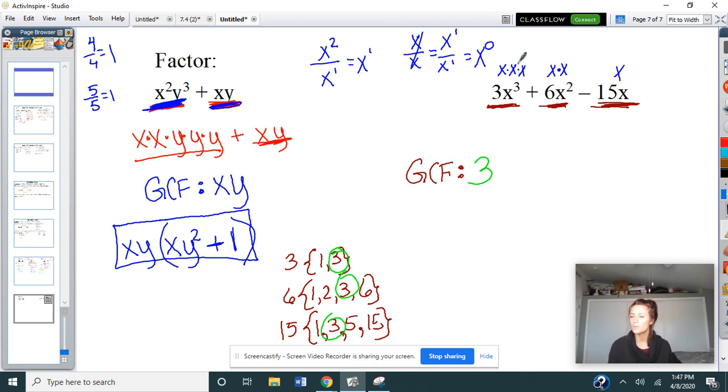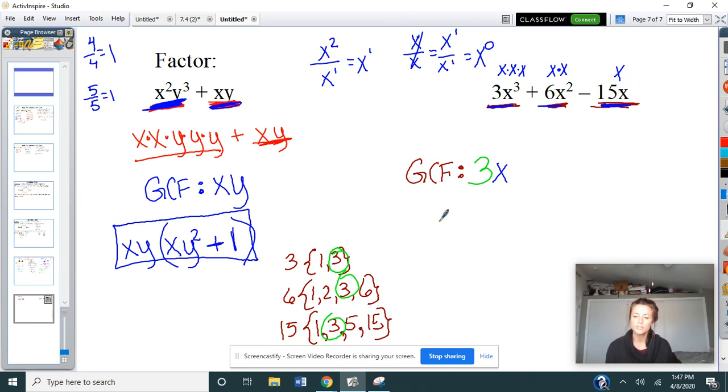You might say, oh, this is the biggest number, 3 of them, but you can't take 3 from 1. You have to be able to factor it out and pull it from each term. Each term has to have it. So we can't divide x by x to the third. So we're only going to take out 1. They only have 1 x in common because he only has 1.